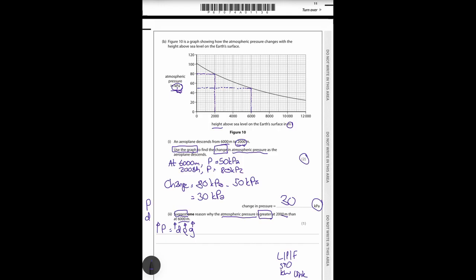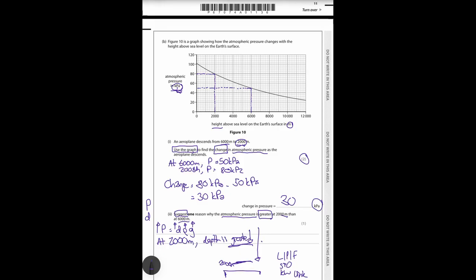If I'm 2,000 meters above the Earth, so here's the Earth over here, compared to if I'm 6,000 meters above the Earth, where's the depth greater? It's a bit confusing maybe because the number is smaller, but if you have a look, this is deeper below the top of the atmosphere than this one. So I can say at 2,000 meters, depth is greater.